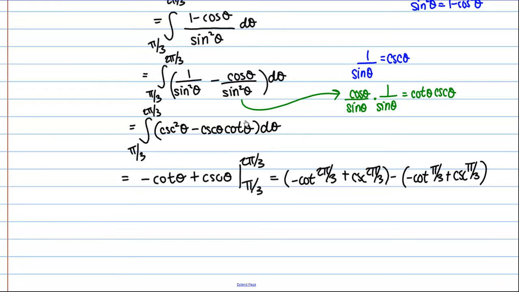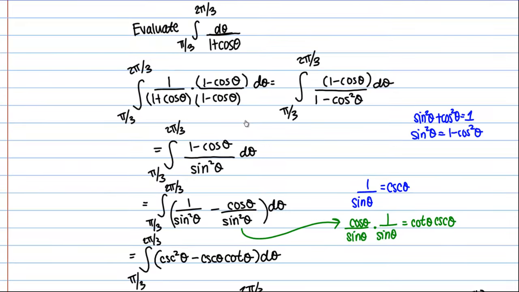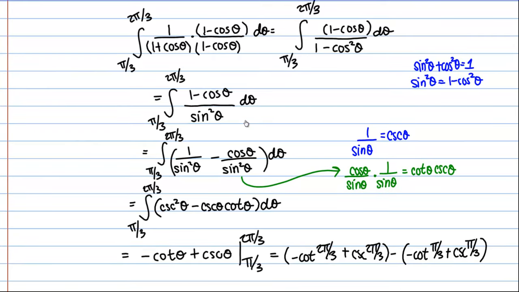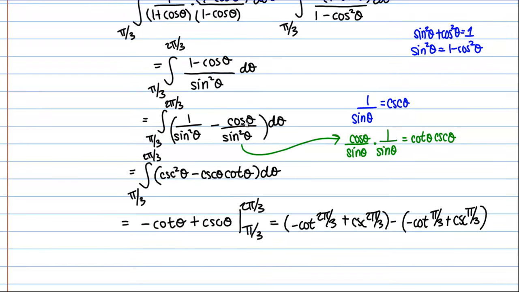And we'll stop here for this problem. So to review, what we did here is we multiplied top and bottom by the same expression. And then from there, we used a series of trig identities to rewrite this in a way that we could take the antiderivative of.